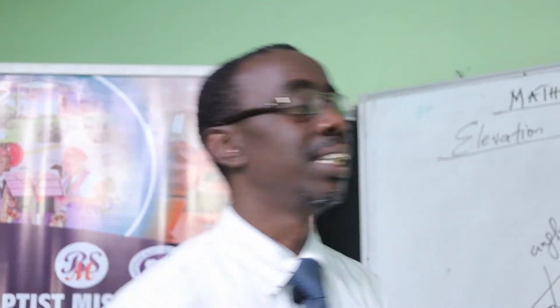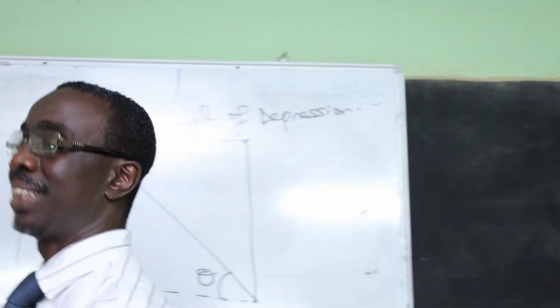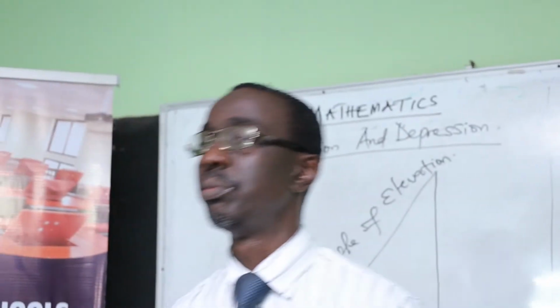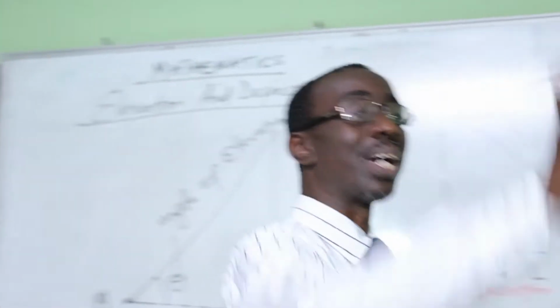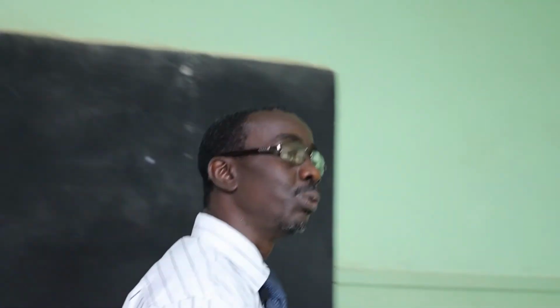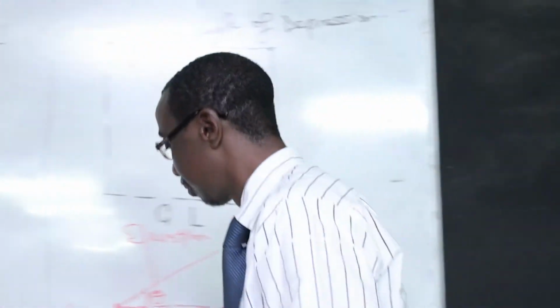I've emphasized diagram drawing in our previous classes. I'm emphasizing it again, that the first challenge you need to overcome is to read the question, understand perfectly well, then translate into diagram. Can we do that together?